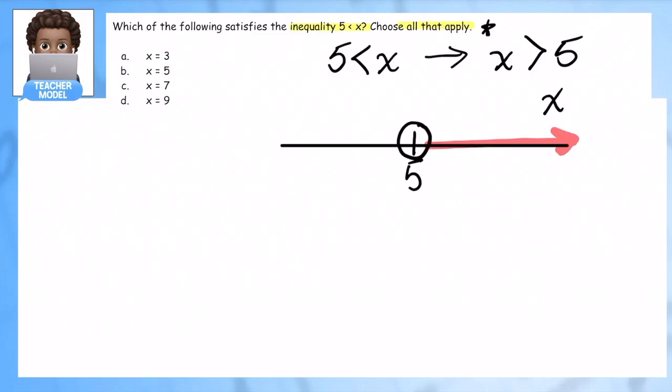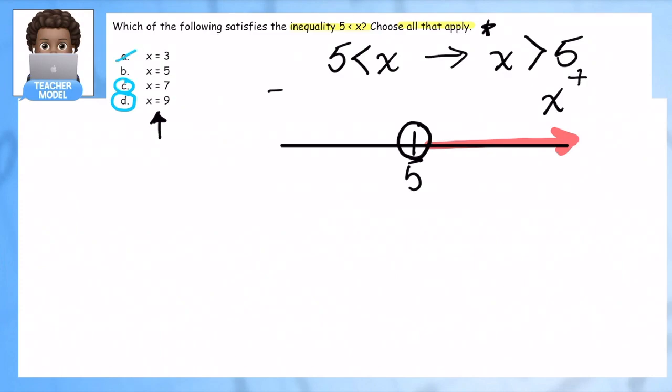So just looking up here, which of these numbers are greater than 5? Think about it for a second. Well, only 2 of them.